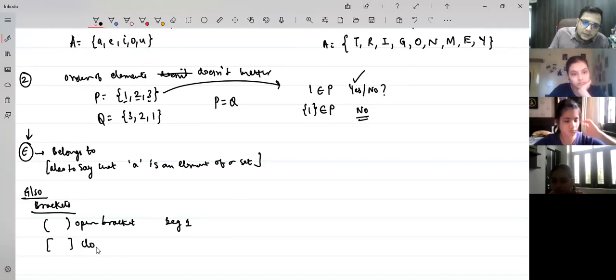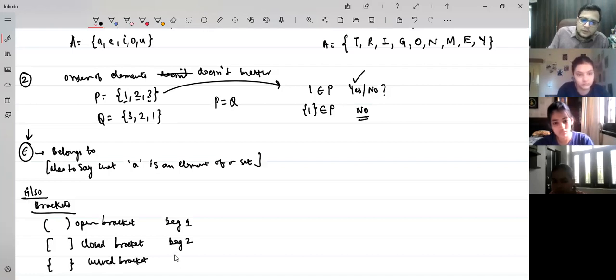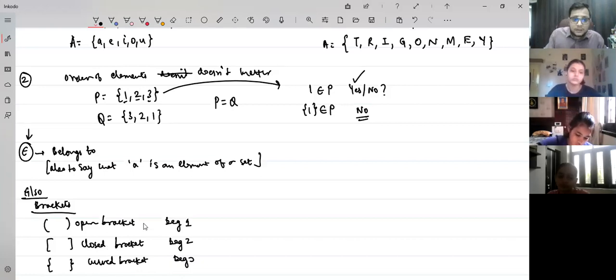Closed brackets, degree 2 brackets, and curved brackets, degree 3. Okay, doesn't mean degree. हमें तो open, closed and curved से याद रखना है and rather हमें तो देखने से समझ में आना चाहिए. We should look at it and understand what it is being said.